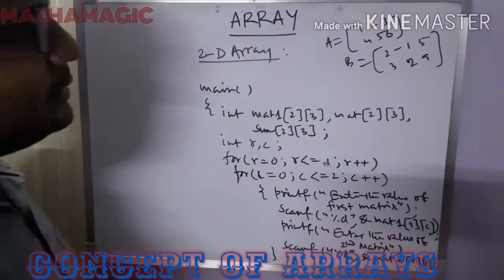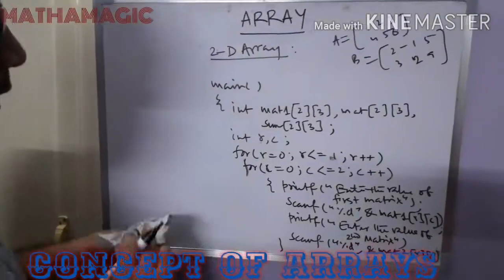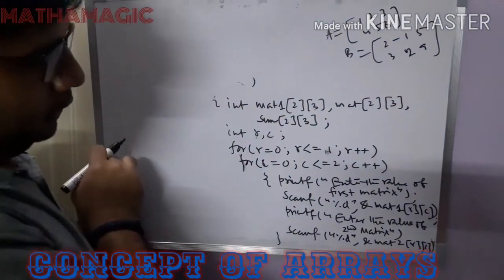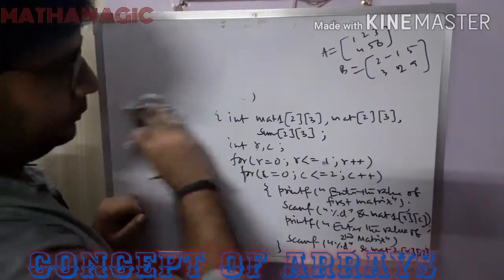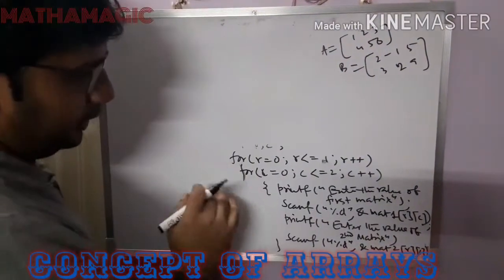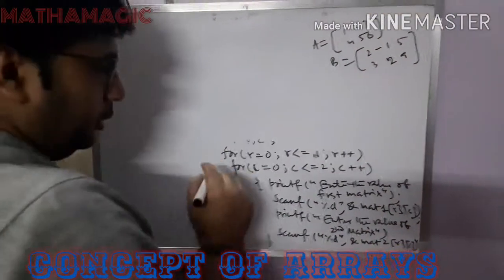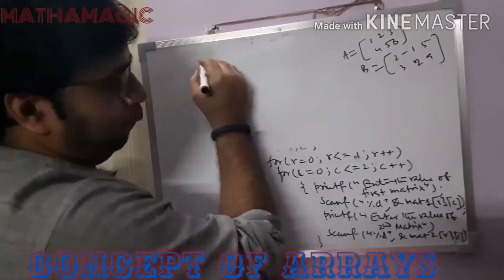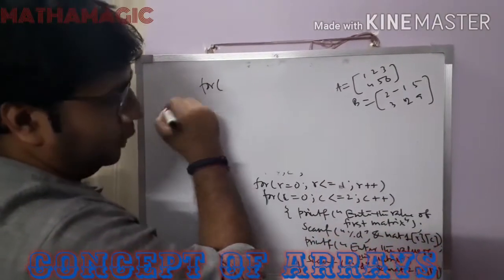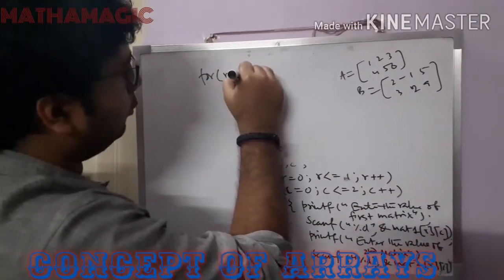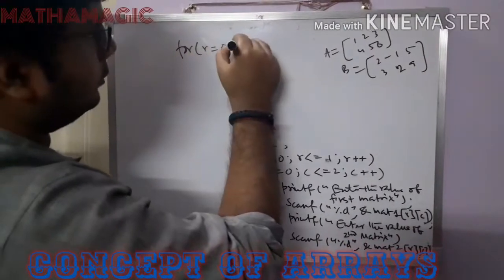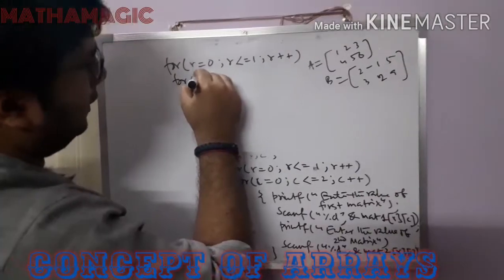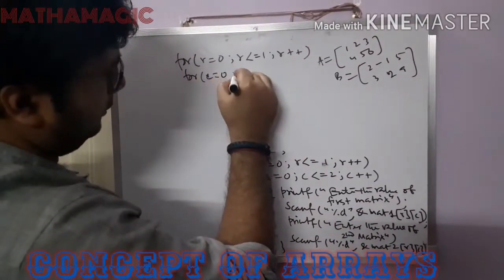Now we have to add these two matrices. So in order to perform this addition, I will just remove this one. So please note it down so that we can remove this part and we can write the new one. In order to perform the addition, we have to initialize. We have already initialized the sum matrix, right? So we have to initialize another for loop. R equals 0, R less than or equal to 1, R plus plus, and for another for loop, that is C, same for loop, just copy it from here.